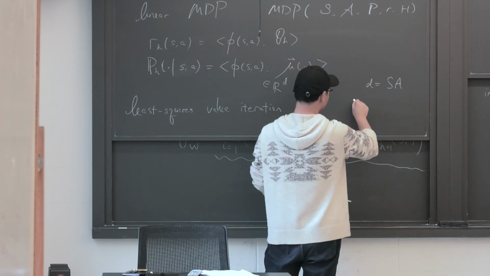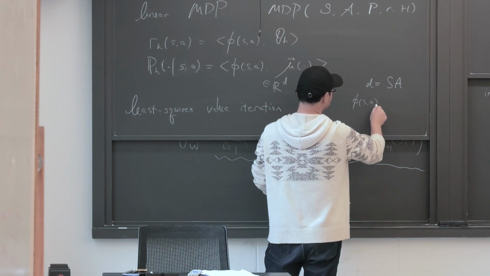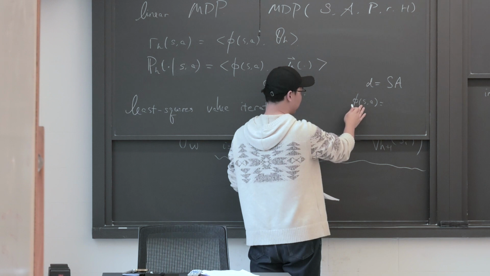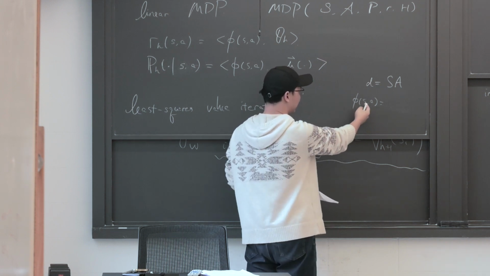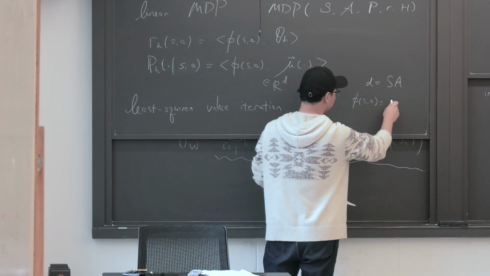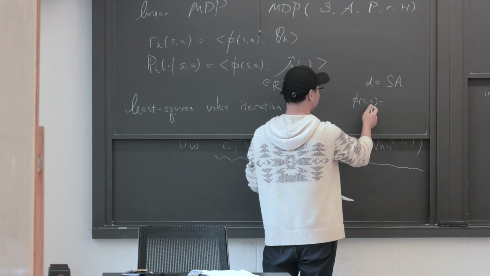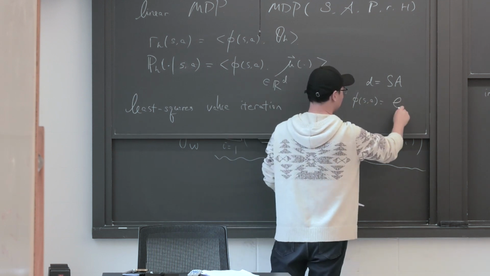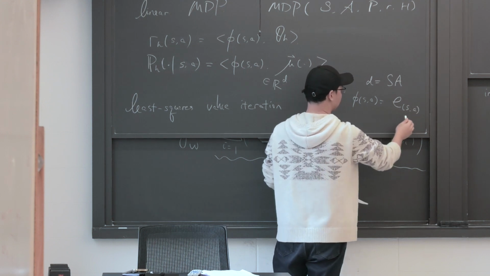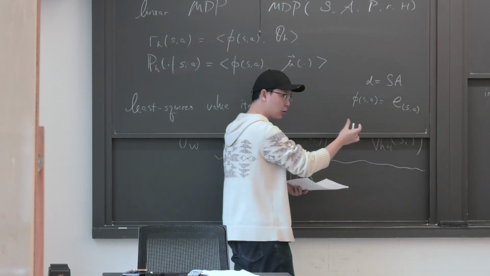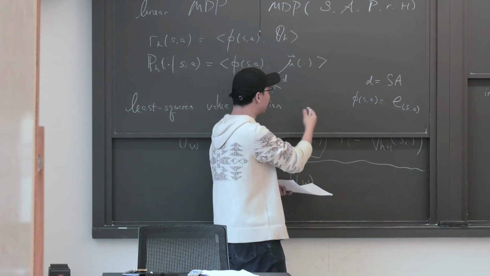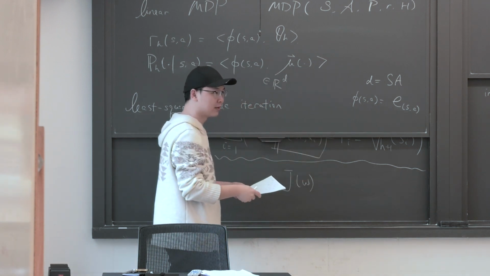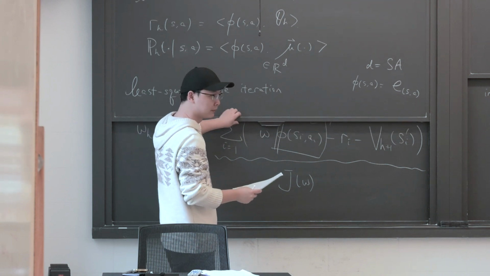And if we choose phi SA in the tabular case, you only have a finite number of states, a finite number of actions, and you can make the feature map for that specific state action be ESA. That is a basis vector with SA as the coordinate index, and then everything goes back to the tabular setting. So tabular is a special case of linear MDP.